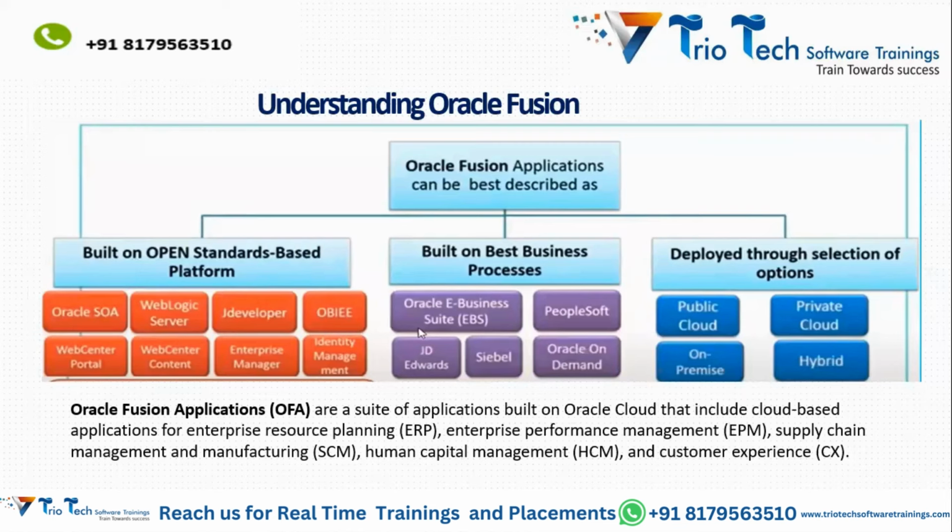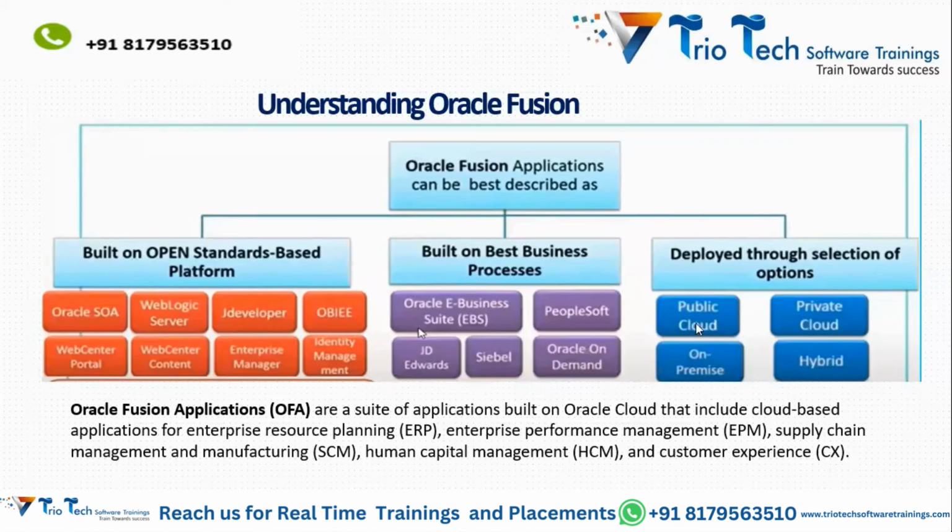Then, deployed through a selection of options. This is all about the deployment model. This is also a little bit technical in nature, but any application or software that needs to be installed or deployed needs some basis or infrastructure capability.